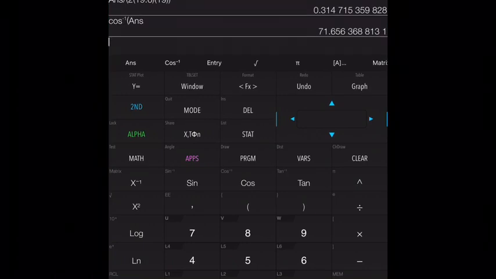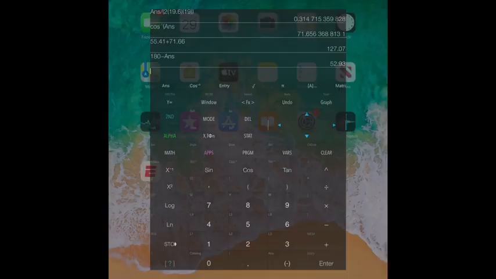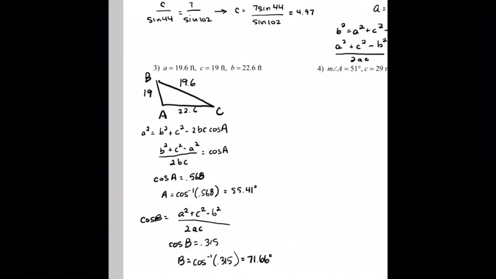So it was 55.41 and 71.66, and then we could subtract that from 180. We get 52.93 for angle C.